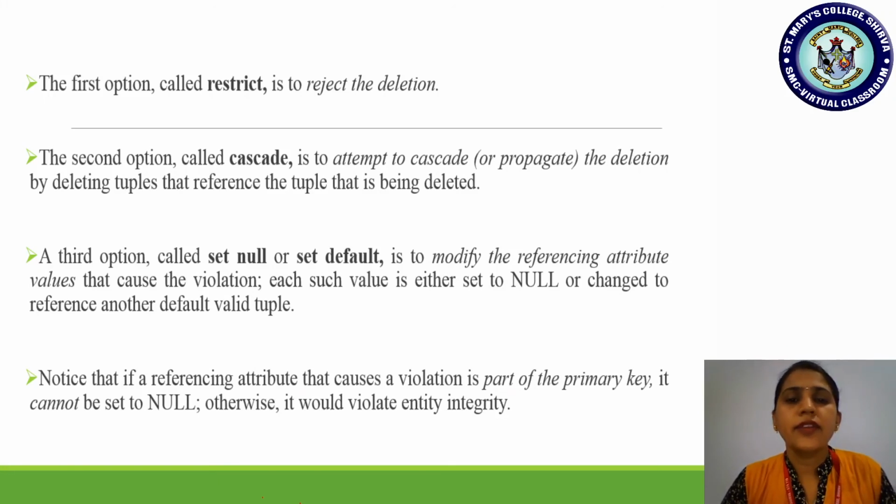But if the referencing value is part of the primary key in that particular tuple, the primary key value cannot be kept as null. But DNO in the employee relation is a foreign key. There we can set what? Null. Okay.